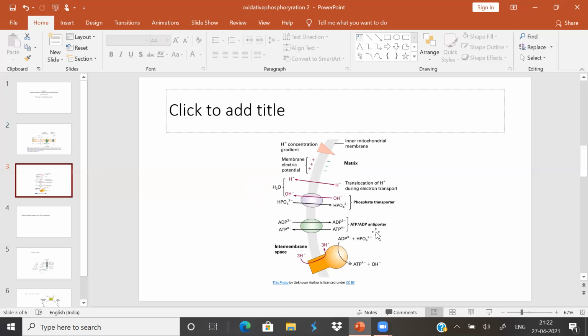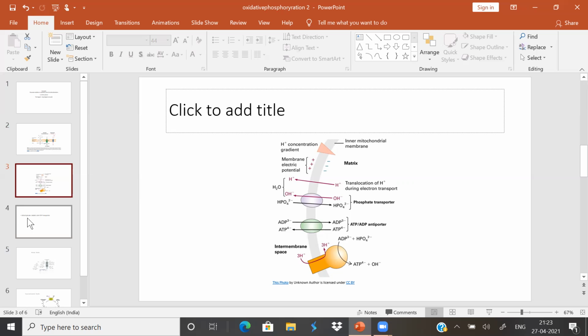This antiporter allows ADP from the cytosol to enter into the mitochondria for formation of ATP. Here, the ADP is converted to ATP, and this ATP comes from the mitochondrial matrix into the cytosol through this transporter. This is a very important transporter.